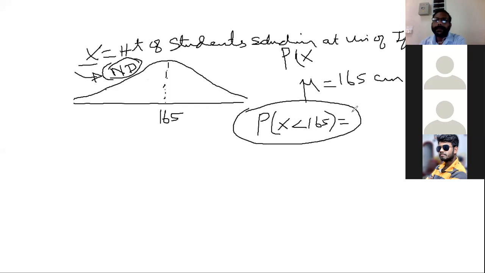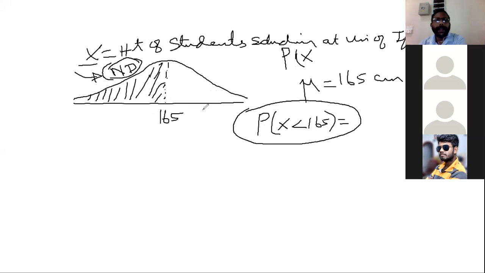1 minus that area. Yeah, what is this area? So we want to find out this area. What is that area?